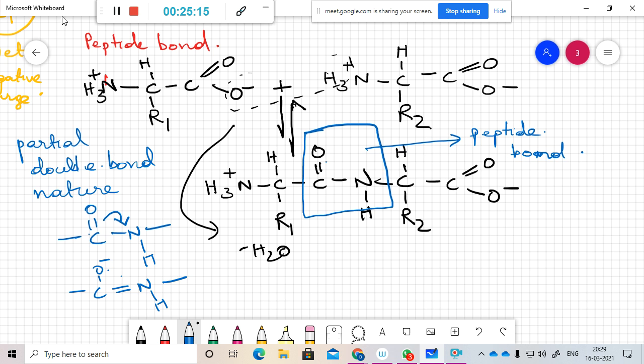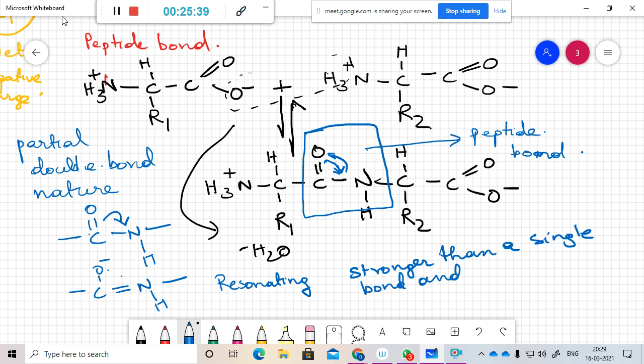Constantly this electron is coming here and going over here, it's resonating. The result is that the bond is stronger than a single bond and weaker than a double bond in between.